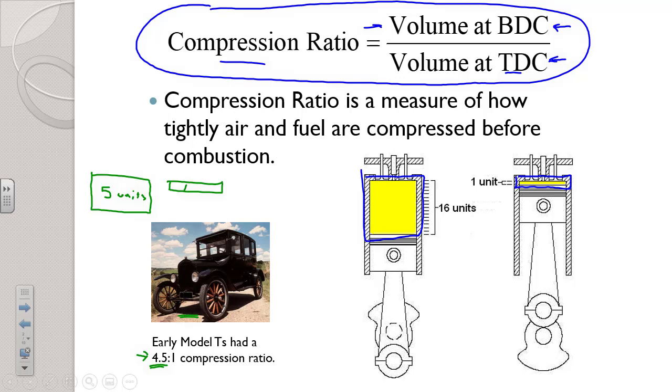The other reason that compression ratios had to stay fairly low is, of course, how did these early engines start? They had a crank on the front and you had to crank them by hand. So any squeezing that occurred in those cylinders had to happen through muscle that the driver could provide, and that wasn't very much, so compression ratios were kept low.